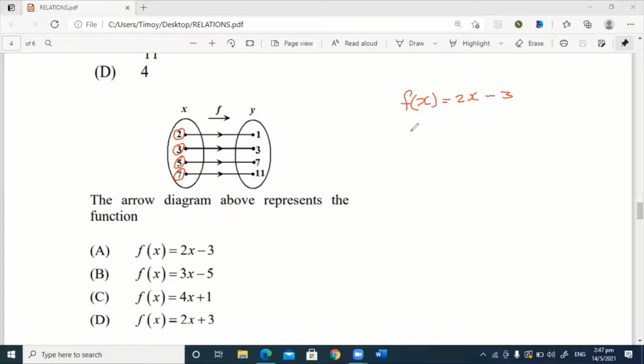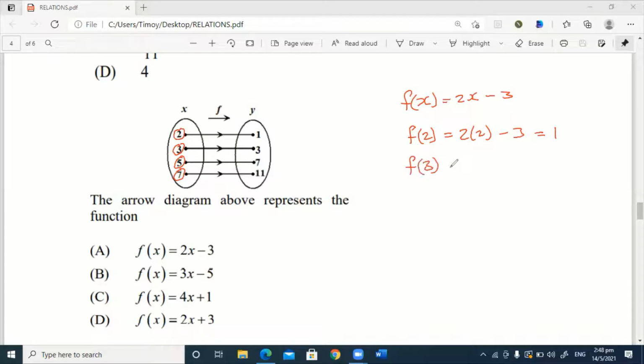Let's find f of 2. So f of 2 would equal 2 times 2 minus 3. And what's 2 times 2 minus 3? 2 times 2 is 4. 4 minus 3 is going to give us 1. Right? So when x is 2, it maps onto 1. Let's do it for the next one. Let's find f of 3.